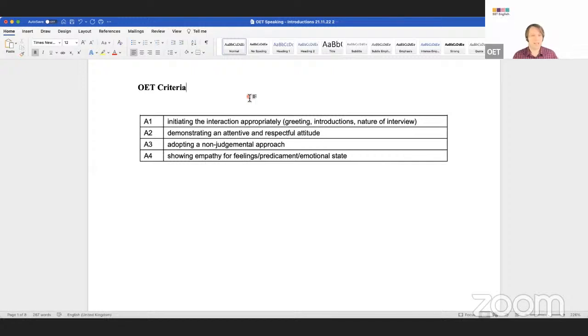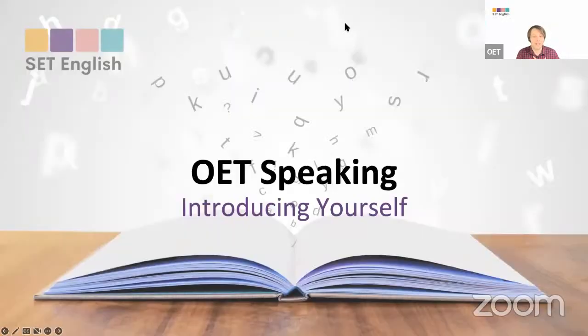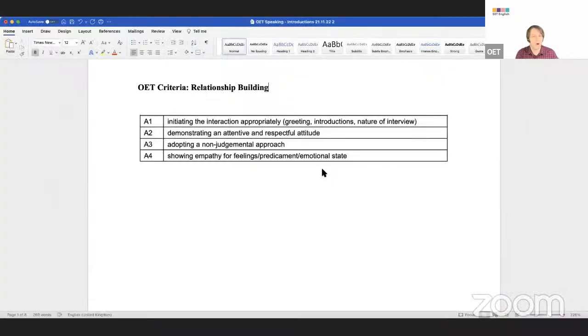In this criteria, they talk about something very important. What do they talk about in relation to our class? Do they talk about introductions in this criteria? Yeah, they do, don't they? Which one? A1. Yeah, right.